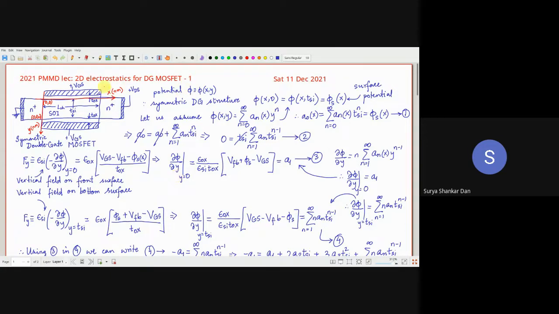So let's begin. In our previous lecture, we saw that this is a very typical DG MOSFET architecture. Our first approach is to figure out the 2D potential profiles. Then we will find out the surface potential, which is 1D.